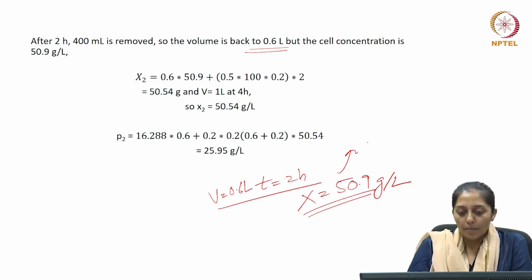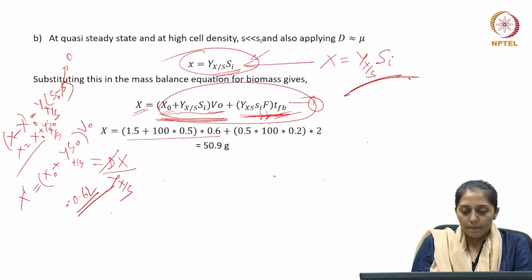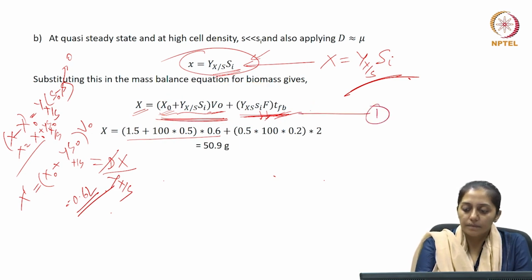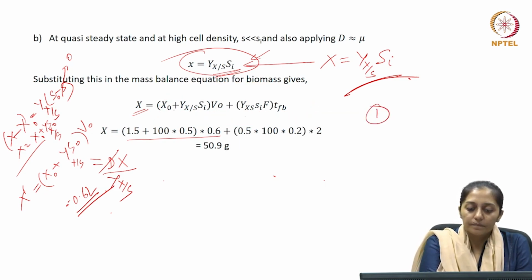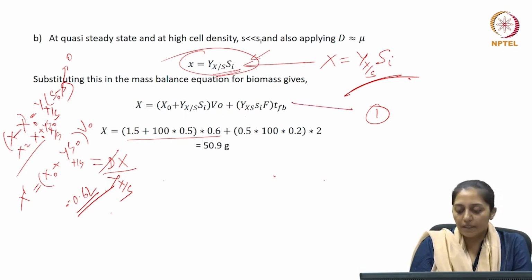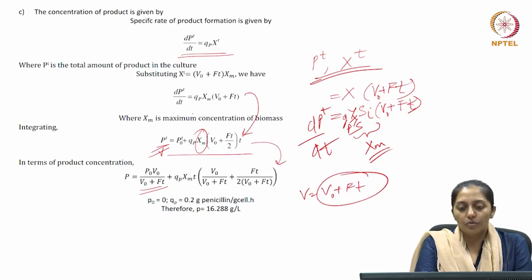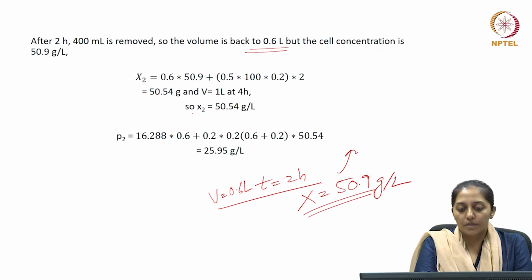So, your amount of biomass which will be obtained after 4 hours of feeding can again be obtained by the expression we had used here, this equation here. We will use the same expression. The only difference is this will change to the value at 2 hours.